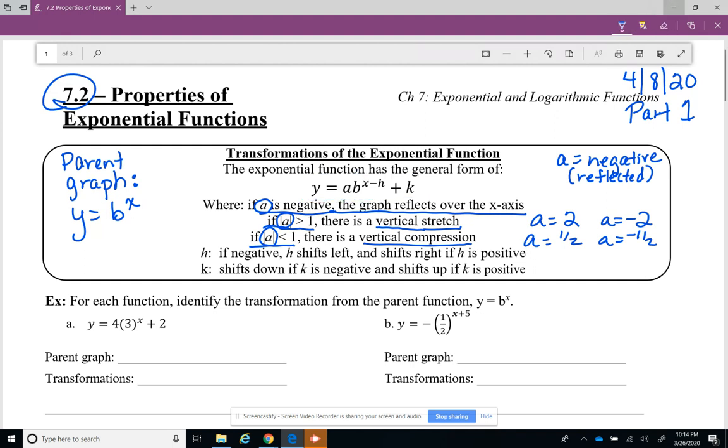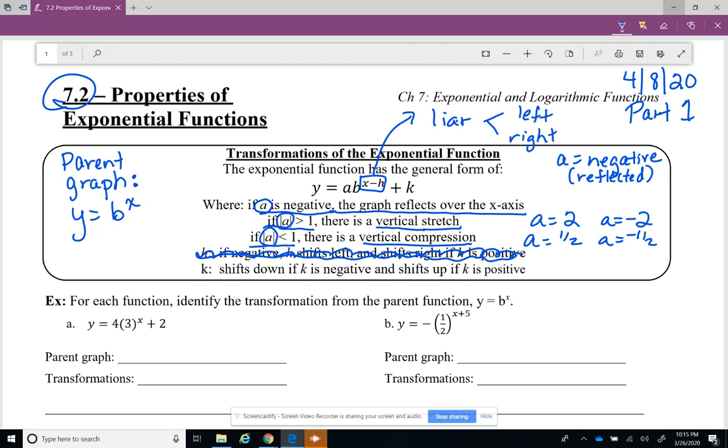Now look at the x minus h. Remember, that's the part where we used to say that's a liar, because it's not what you think. This is going to tell you whether you go left or right.